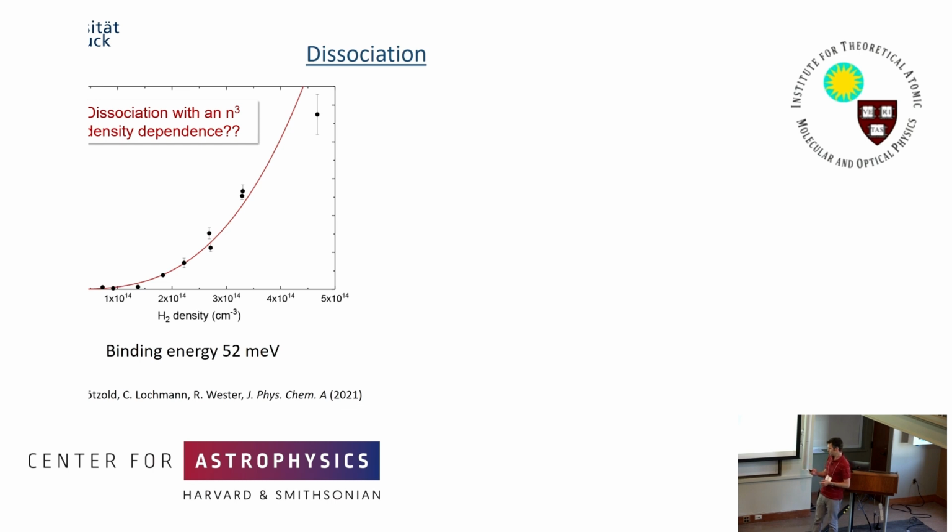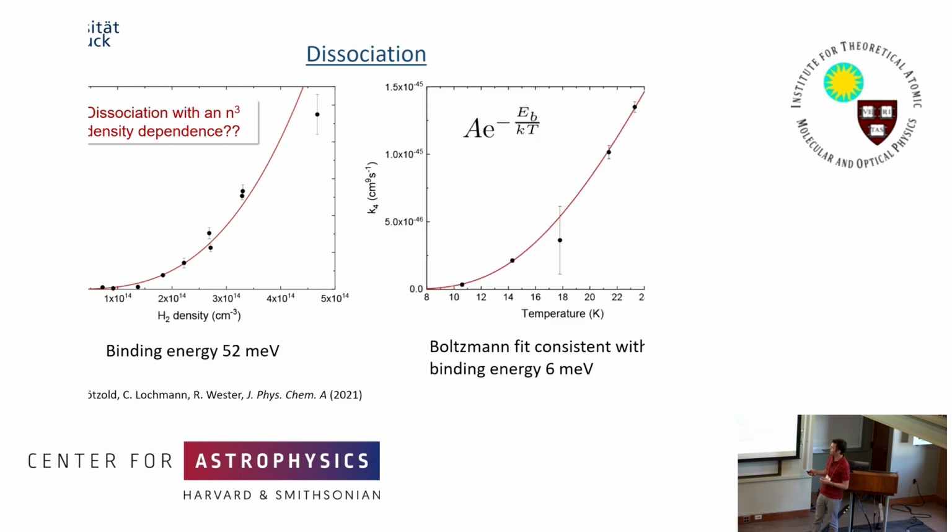Big question marks, but if the n-squared one we call k3, then n-cubed we called k4. And if we plot this k4 versus temperature, it fits very nicely onto a Boltzmann fit with a binding energy of 6 millielectron volts.